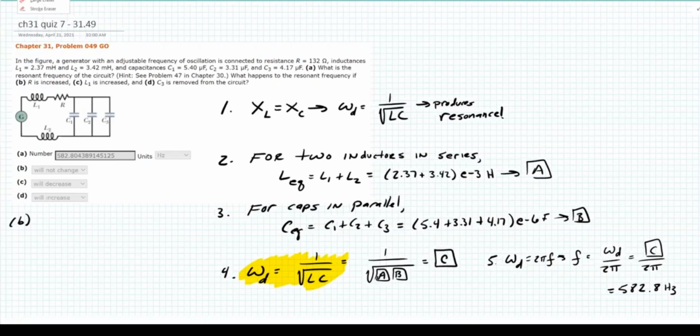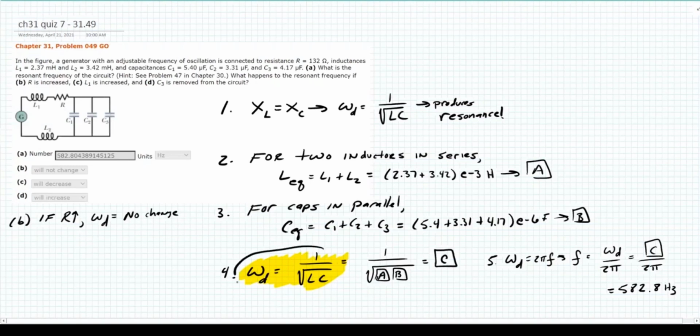Try that again. If R increases, what happens to the resonant frequency? Omega D, the driving frequency, the resonant frequency equals no change. Why do I say no change?